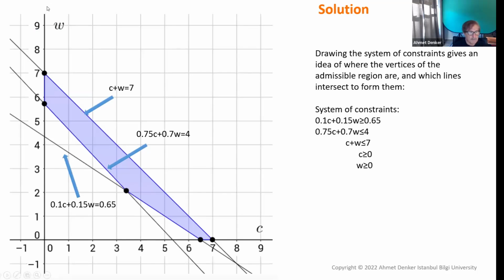Okay, now in the previous case we were bounded by these two coordinate lines, but now because we have a third constraint here, which is this one, C plus W is less than or equal to 7, this gives me a more constrained region like this one.